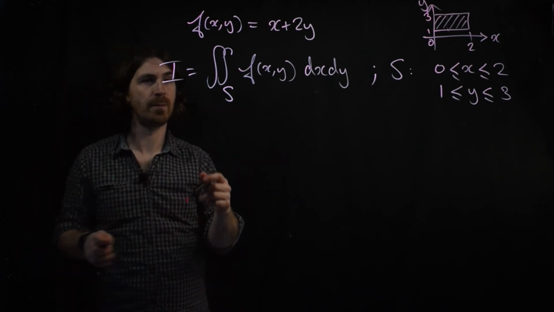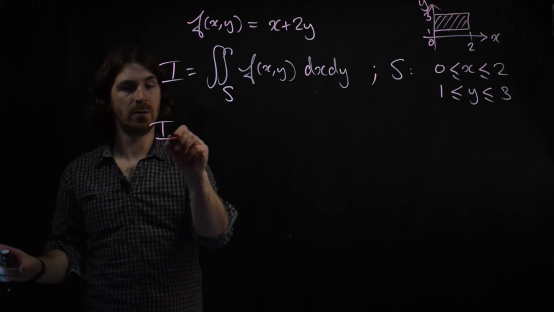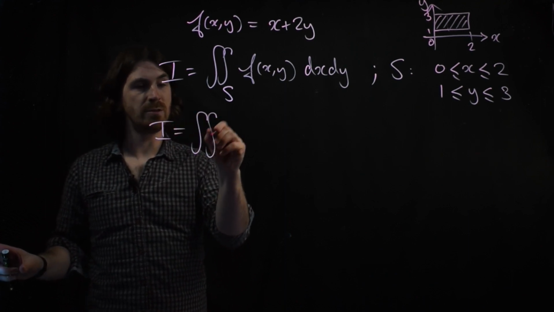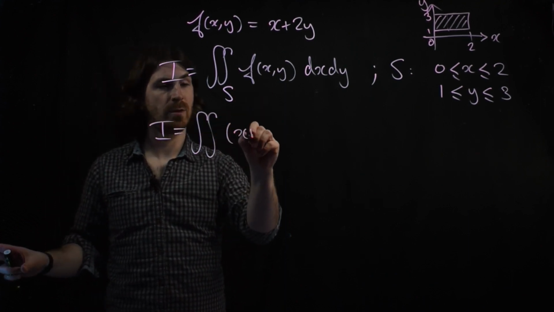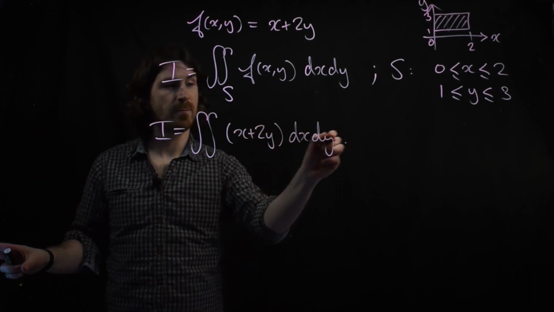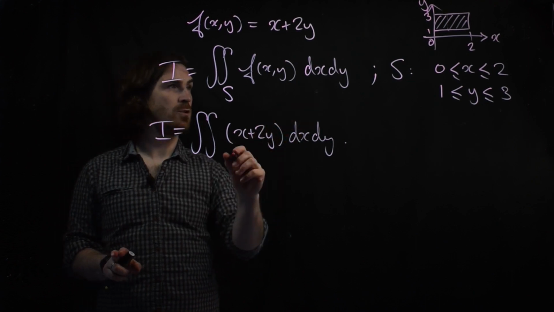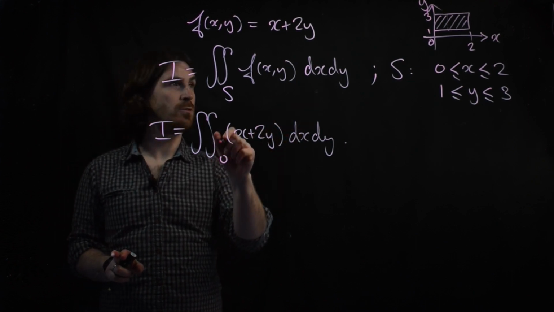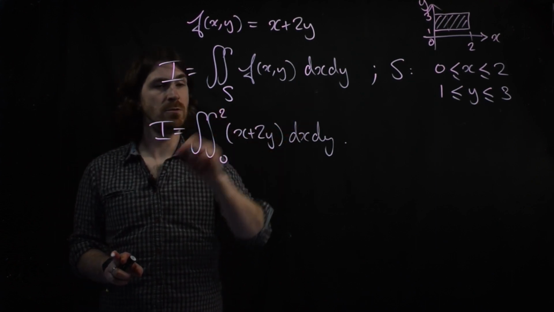So how do we do that? Our integral is the double integral of x plus 2y dx dy, and x is going from 0 to 2.